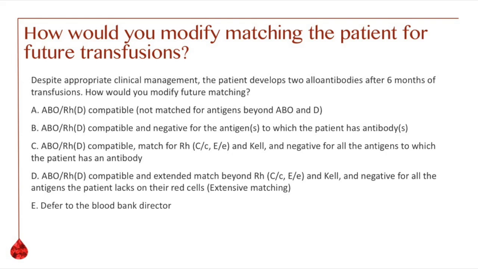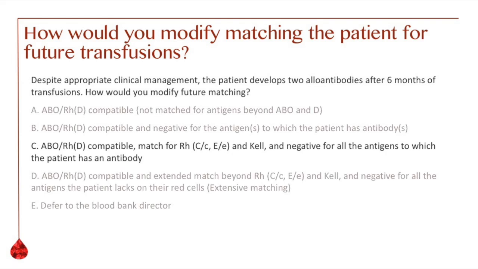C. Cross-match for ABO-RHD and RHCE and KEL compatibility and the antigens to which the patient has antibodies. D. Cross-match for ABO-RHD compatibility, extended matching beyond RHCE, KEL, and the antigens to which the patient has alloantibodies. And E. Defer to the blood bank director.